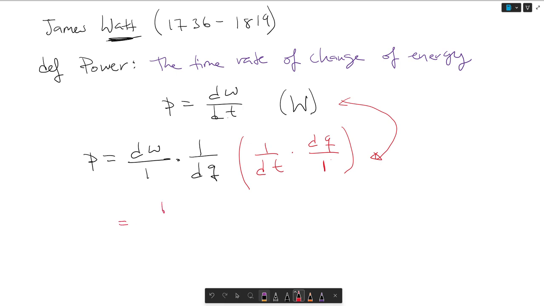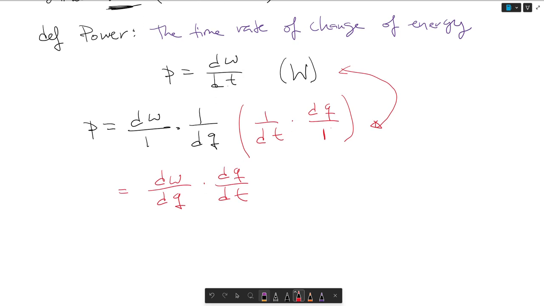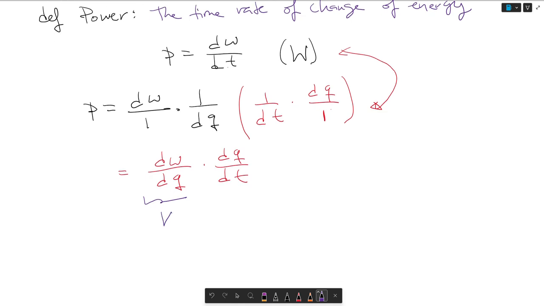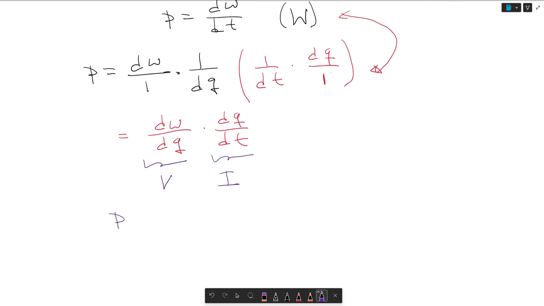Now we have dW over dQ times dQ over dt, where the change in energy over the change in charge is voltage, and the change in charge over the change in time is current. So we can conclude that P is equal to VI. This is our general equation for power.